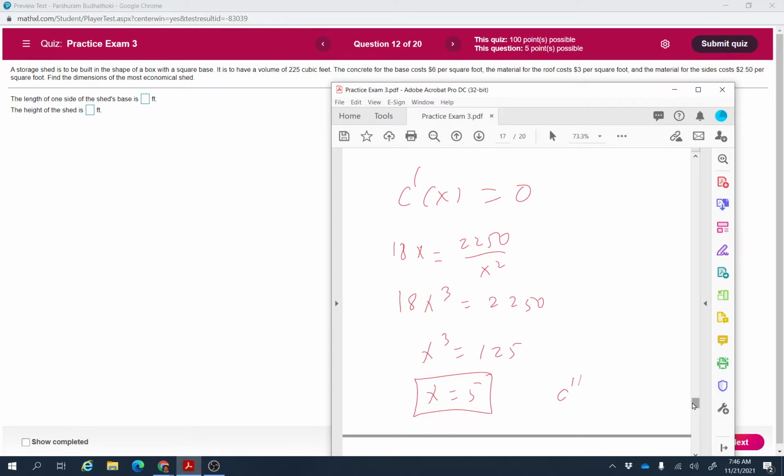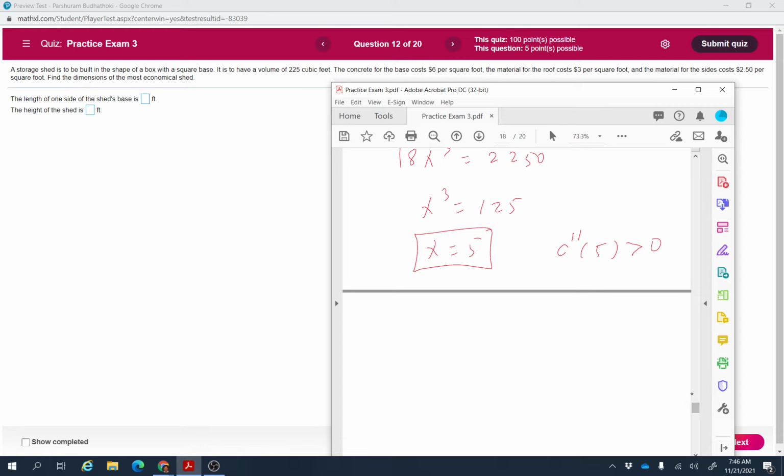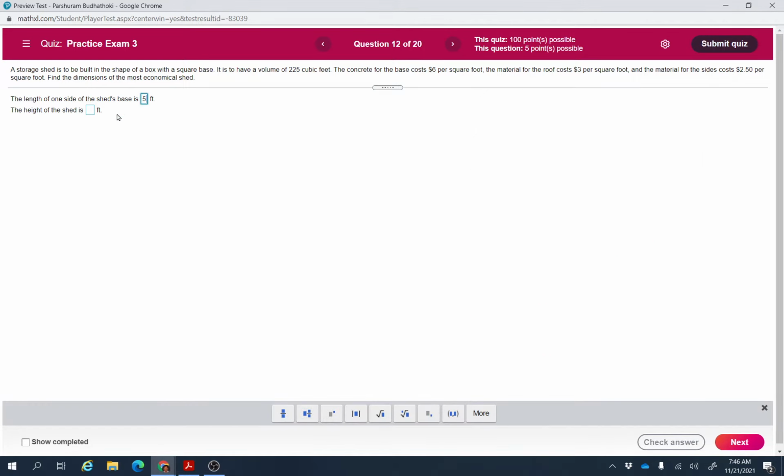The second derivative at 5 is positive. Because of that, we can say the cost function C of x is minimum when x is 5. So we know the length of one side of the base has to be 5 feet.